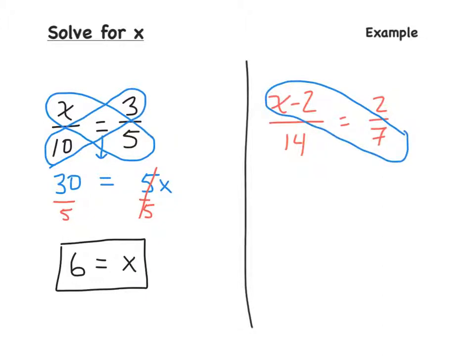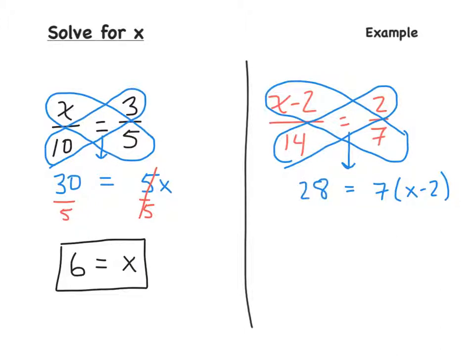Multiply the cross products: we have 7 times (x minus 2). Bring down the equal sign. And then we have 14 times 2. That's equal to 28.